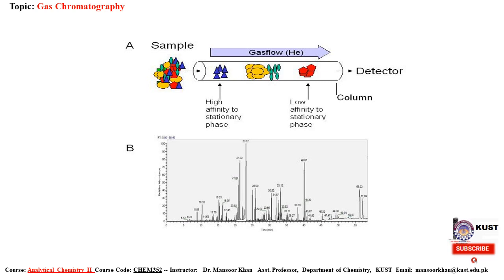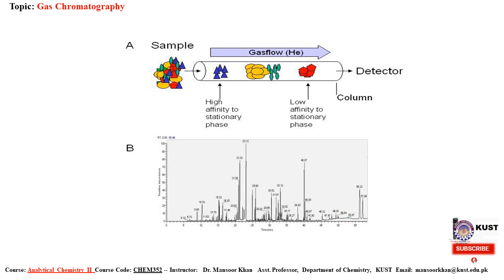The second fastest component is the green. Its affinity is higher compared to red, but lower compared to blue.